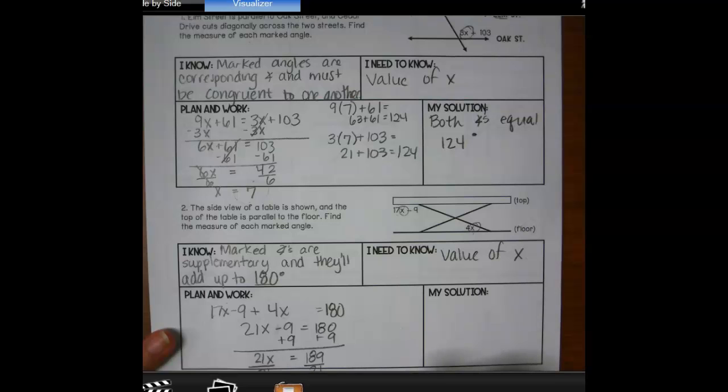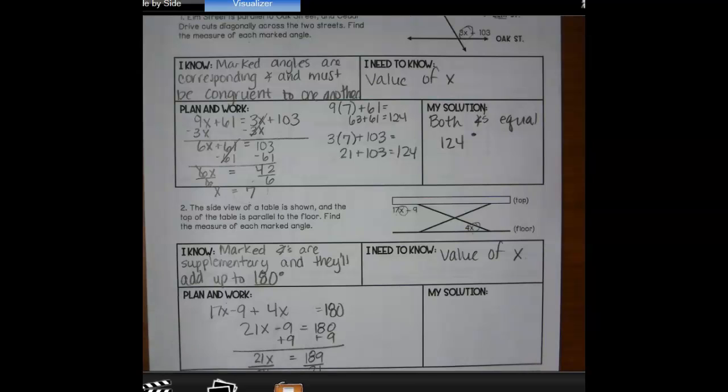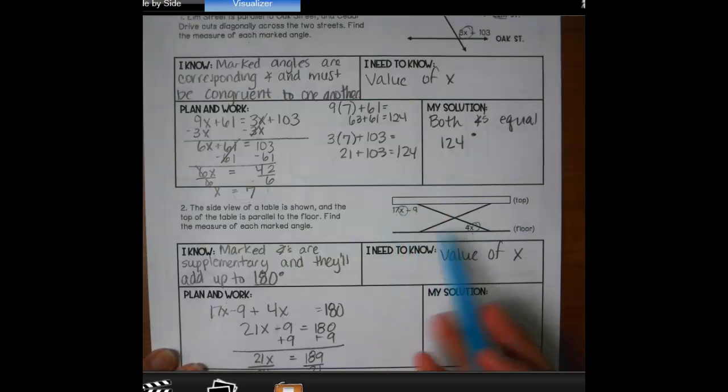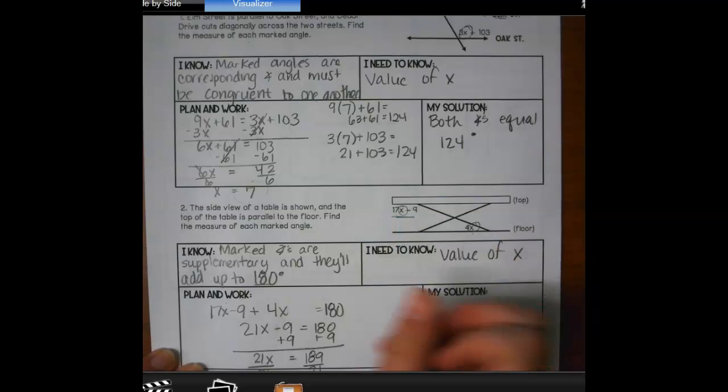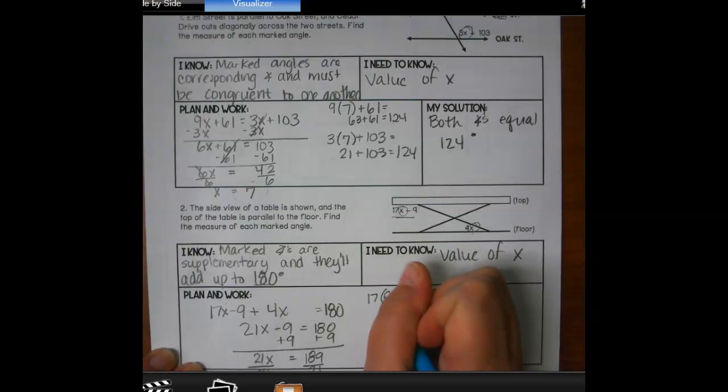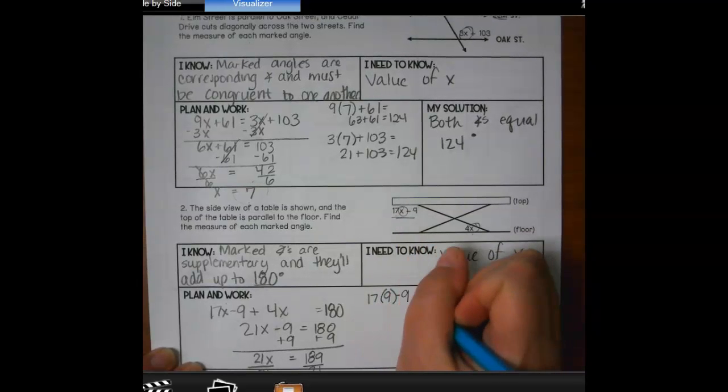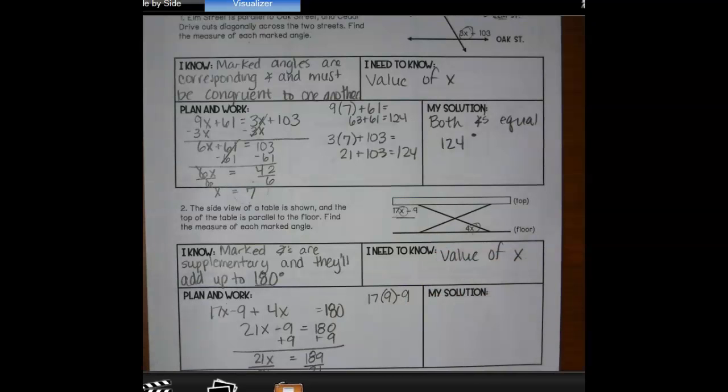So you're going to do the same thing like you did for the last one, and we're going to have to get our solutions. Okay, so let's plug x in. Let's look at this first one first. 17 times 9 minus 9. Remember, you can use a calculator.